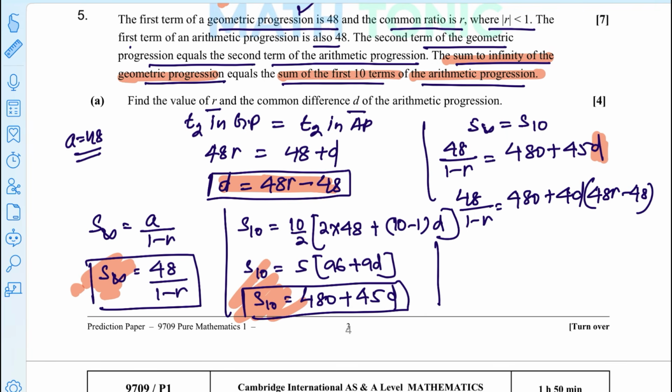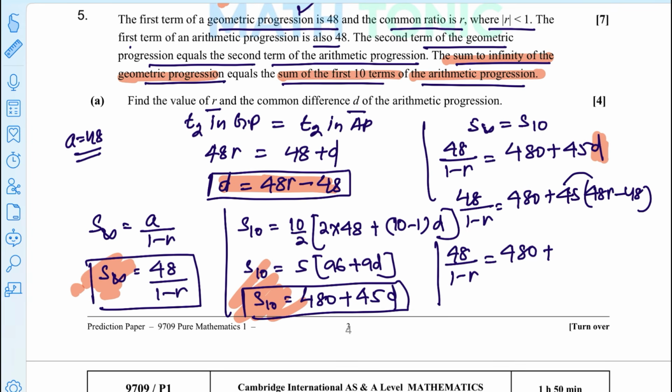Is it okay? I didn't remove this d, you have to remove the d as well, because d is replaced here. So it is 48r minus 48, right?